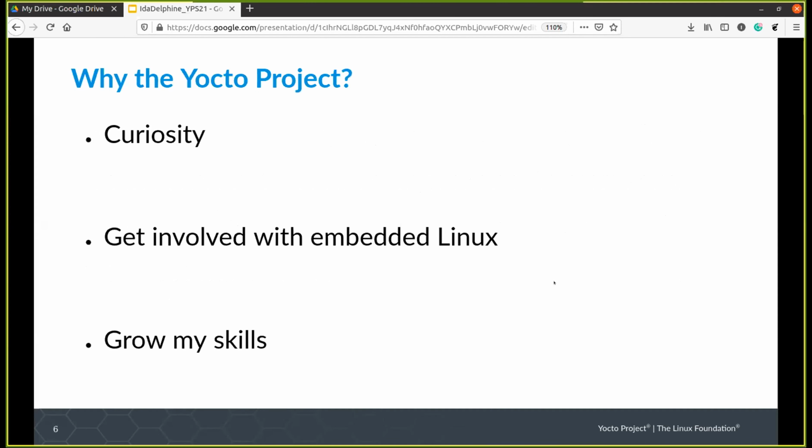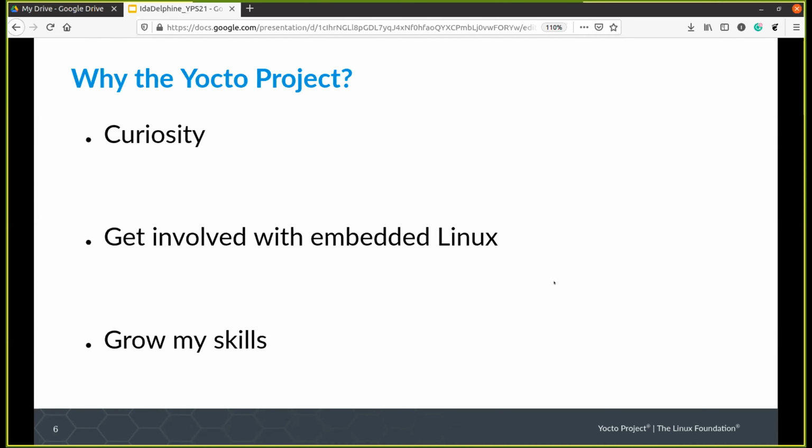So why the Yocto project? I have always been interested in embedded Linux and embedded systems, but I didn't plan on working on something related to that before applying for Outreachy.